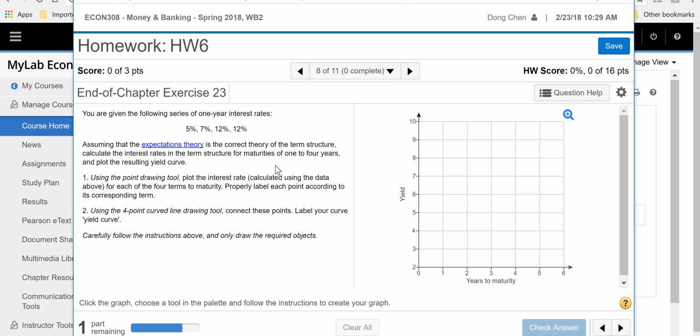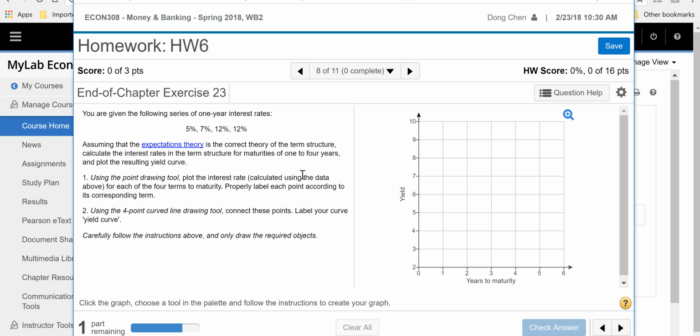So this is a very standard problem with regard to the expectations theory. What this theory says is that bonds of different maturities are perfect substitutes.